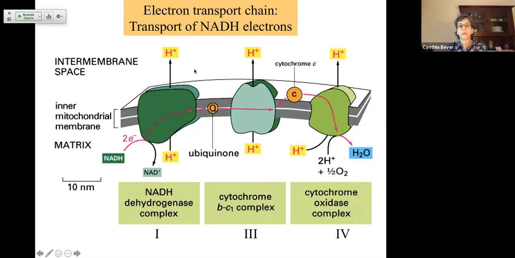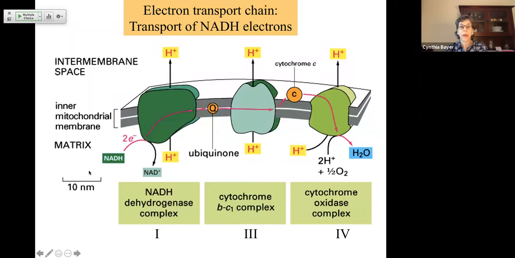Electrons passed from FADH2 will be passed to a complex that would sit right about here, complex 2, which will then pass the electrons through the rest of the chain as well, finally residing in H2O, in water.